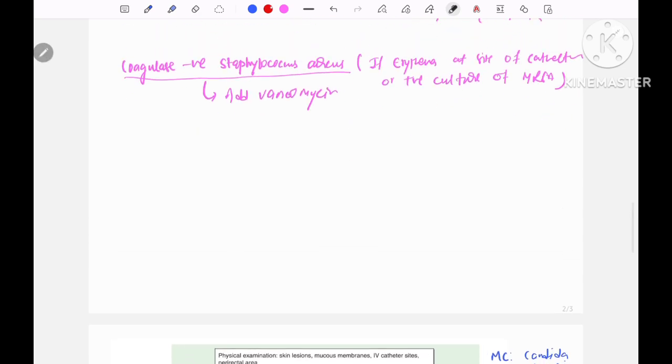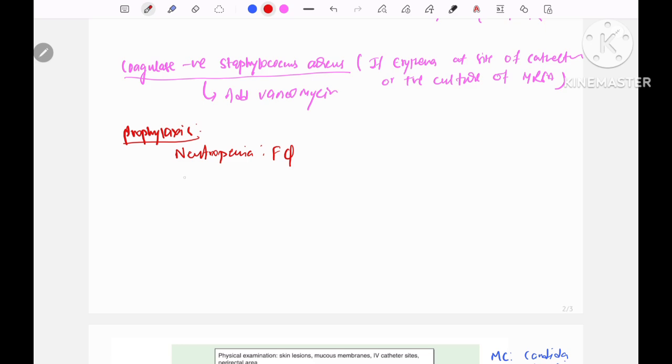I will just briefly talk about prophylaxis. If any patient is suspected to have neutropenia, then we add fluoroquinolones.